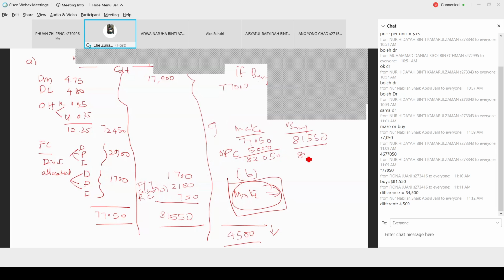This one is just 81,550. So maksudnya kalau you make, you akan terlepas lah the keuntungan 5,000 tu, it become your cost juga lah kan. The cost melepas. So if you compare here, it's better for you to buy, because if you buy, you can earn another extra 5,000. But if you make, you will sacrifice the 5,000 here, and then the cost of making is more than buy. Kalau you tengok lah.